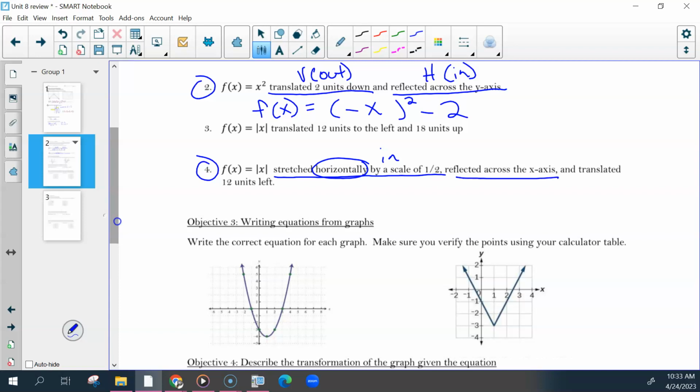So if this is your x-axis and it's doing this, is it vertical or horizontal? Vertical. So that would be on the outside. And translated 12 units left. Is that horizontal or vertical? Horizontal.